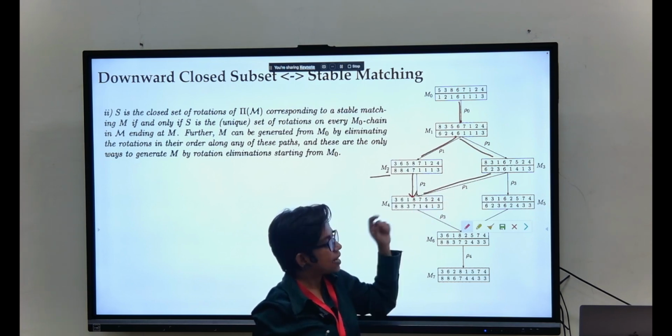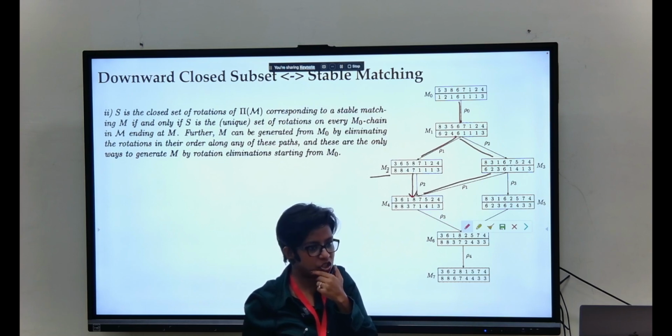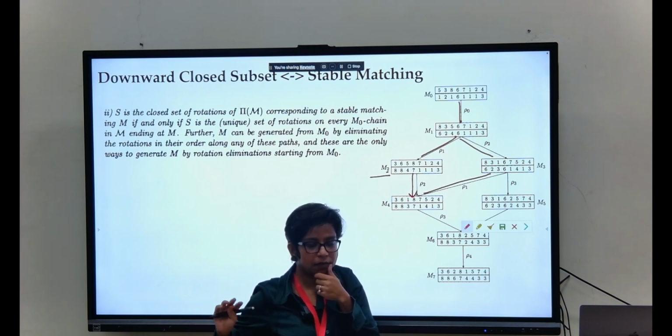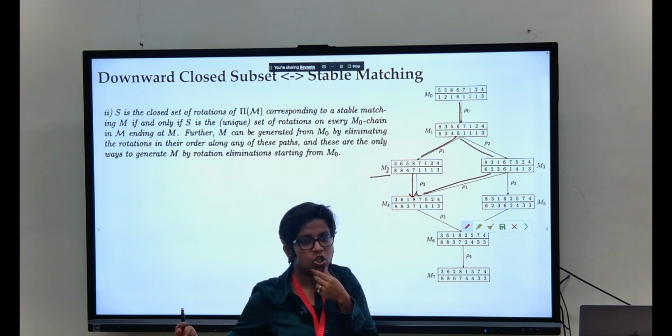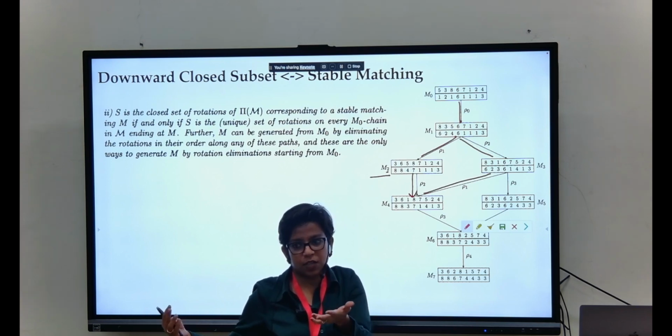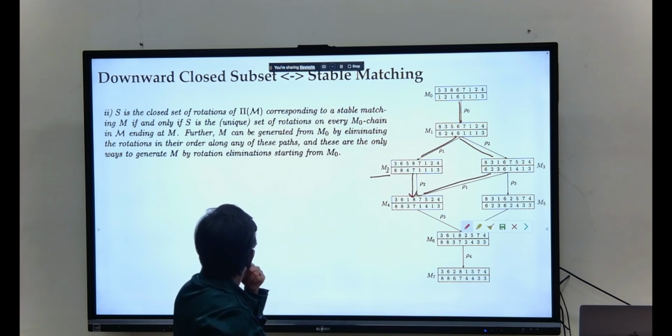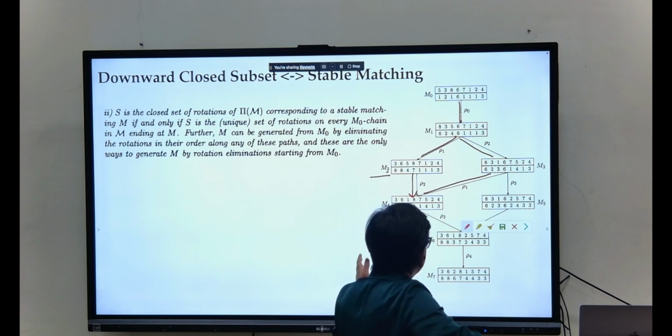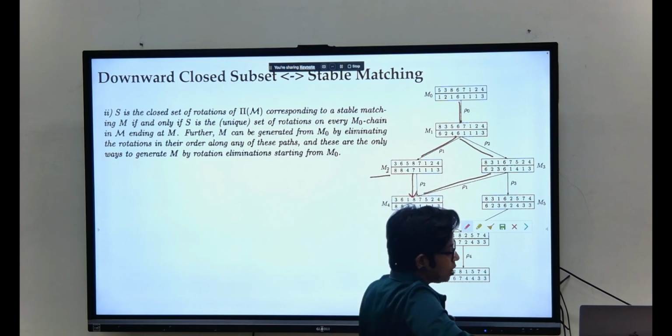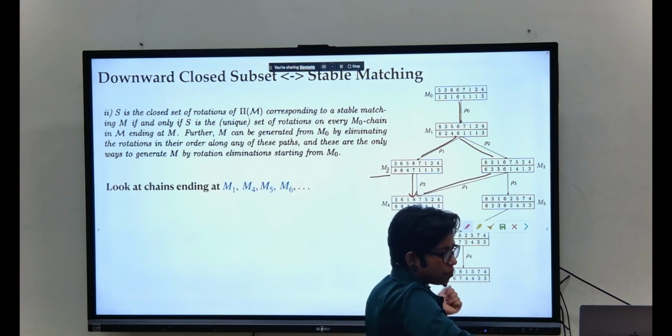This is what it means that every maximal M0 chain ending at this matching will contain the exact same labels, and the labels are rotations. You will see the exact same set of rotations, and it is that closed subset of rotations that the matching corresponds to. And you already know that we can generate this matching M4 by eliminating these rotations in the order in which they appear.